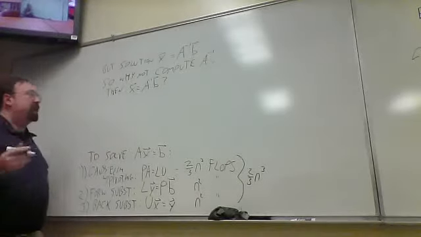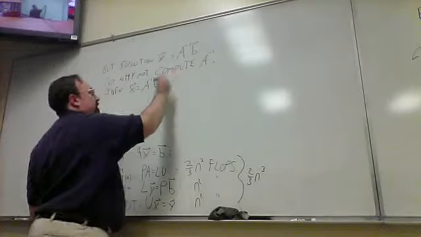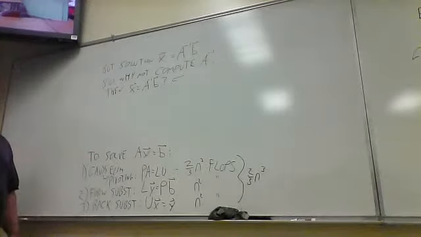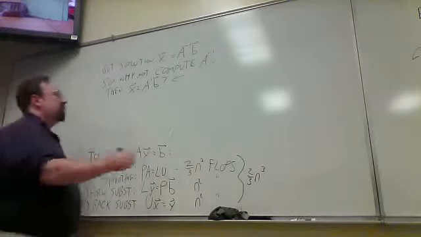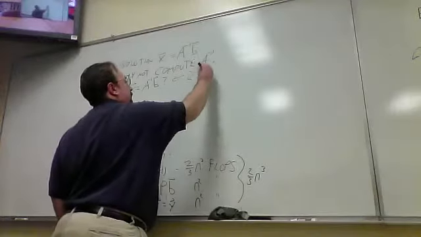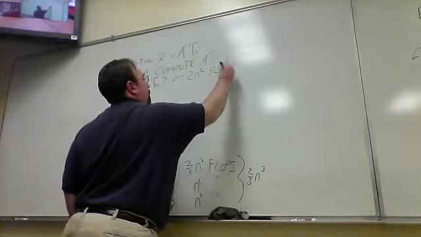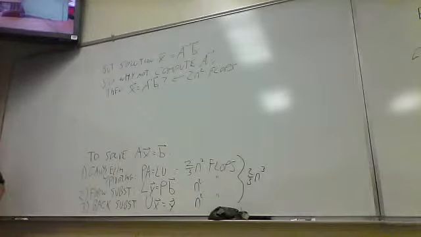Because once you have A inverse, doing this matrix vector multiplication, A inverse times b, takes roughly 2n squared floating point operations. So it's worth asking, how expensive is it to compute A inverse?